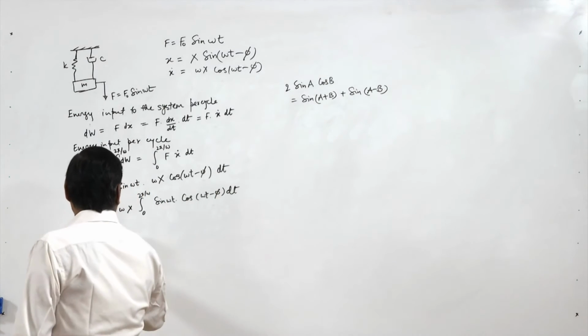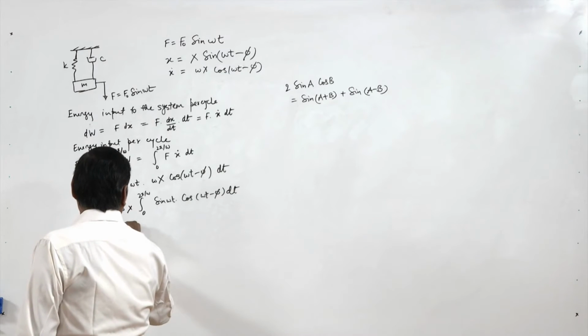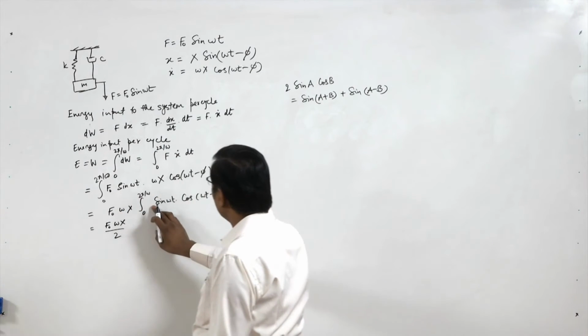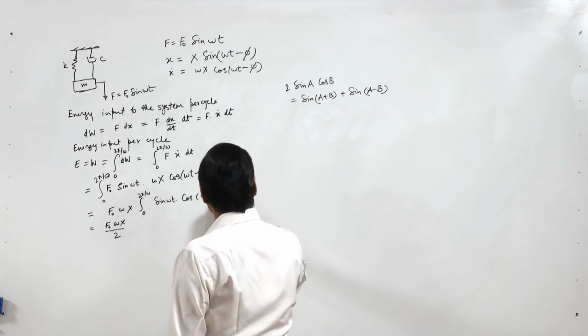So we can write F0 omega X by 2. So when we divide by 2 and multiply by 2, this is 2 sin a cos b.